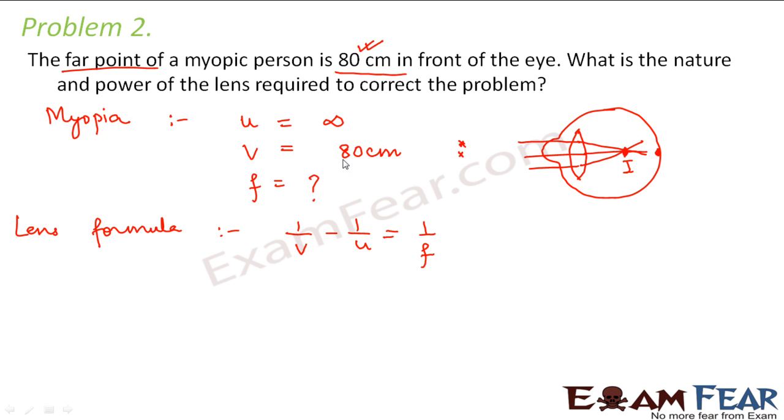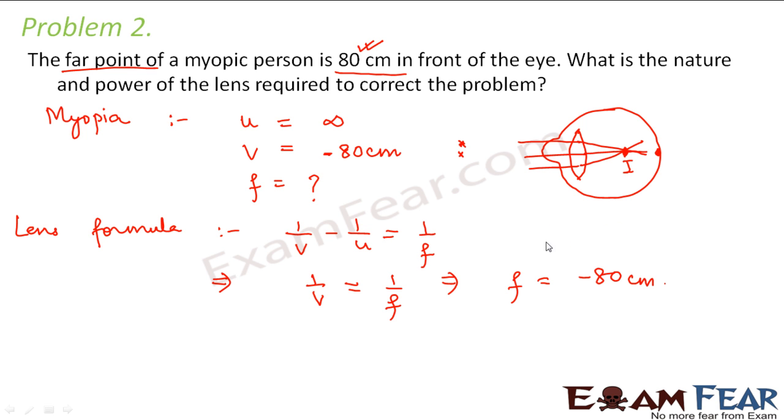So you will put this as minus 80 centimeters. Using this equation, 1 by v is equal to 1 by infinity, which will be 0, so this will be equal to 1 by f. From this we can say f is equal to minus 80 centimeters. This would be the focal length of the lens.